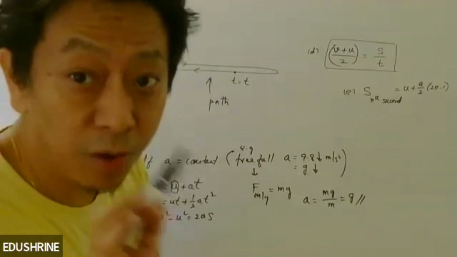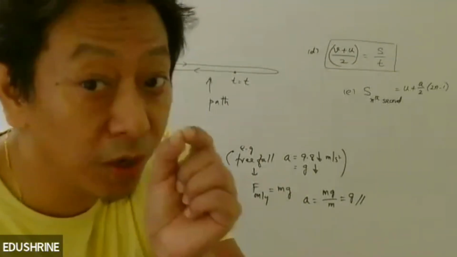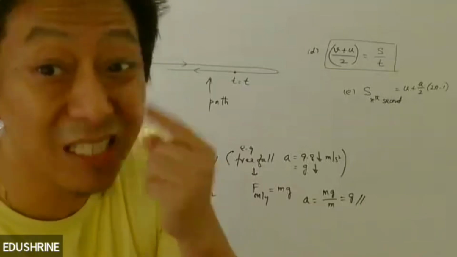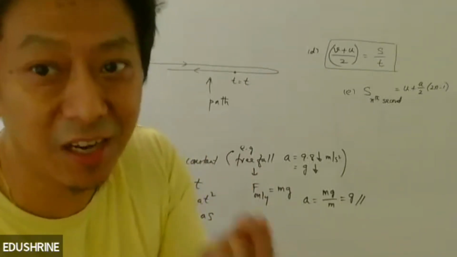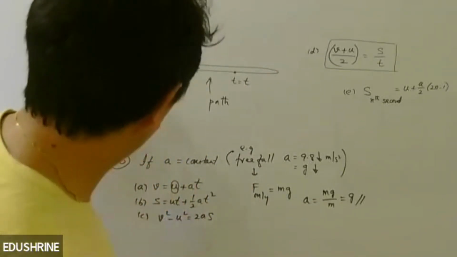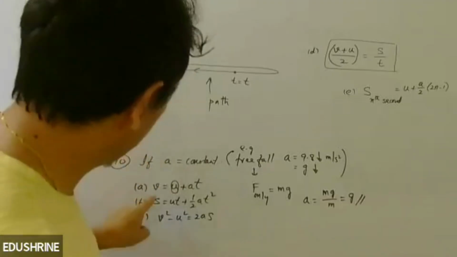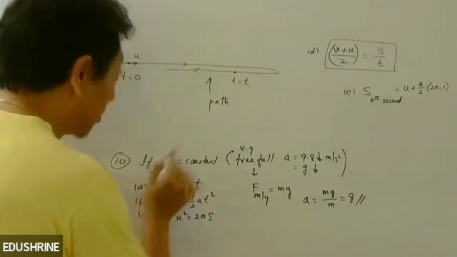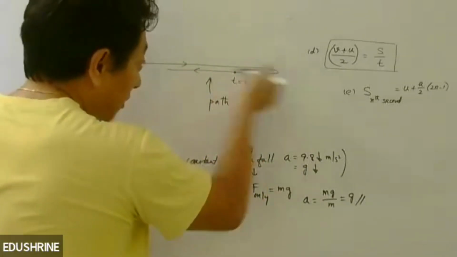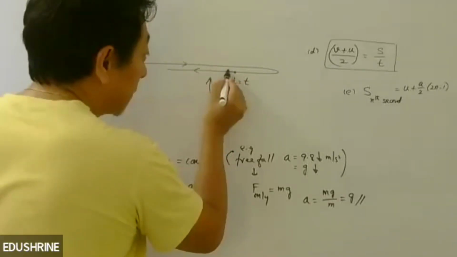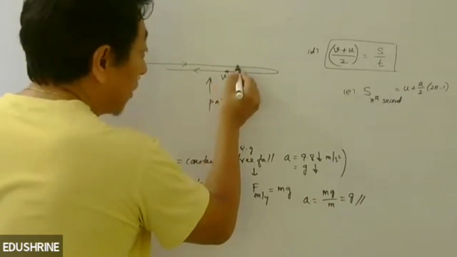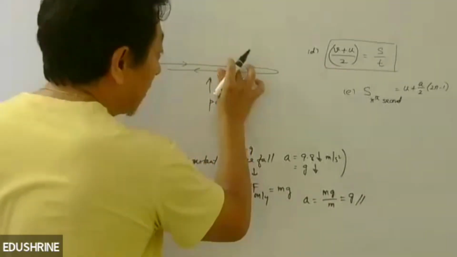For finding u and v, you have to locate the point because these are instantaneous velocities. So u is velocity at the initial point. V is velocity at the final point. So that depends on where you are.